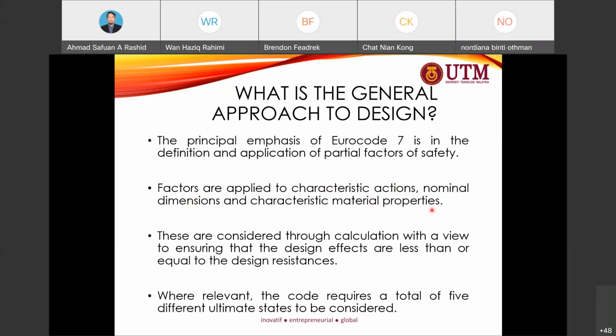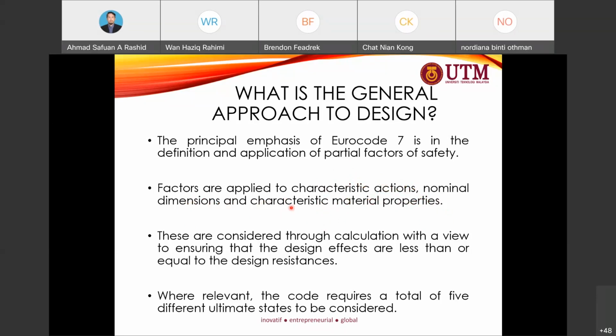It means they apply a partial factor of safety on the action, on the dimension, and also on the material properties. Previously, we only applied the factor of safety or partial factor of safety on the action only, not on the dimension and also on the material properties.